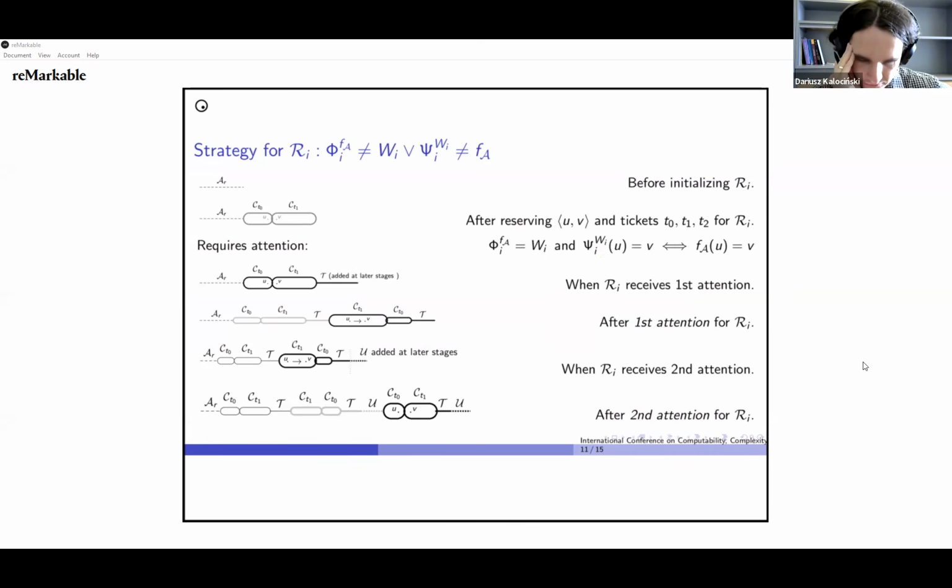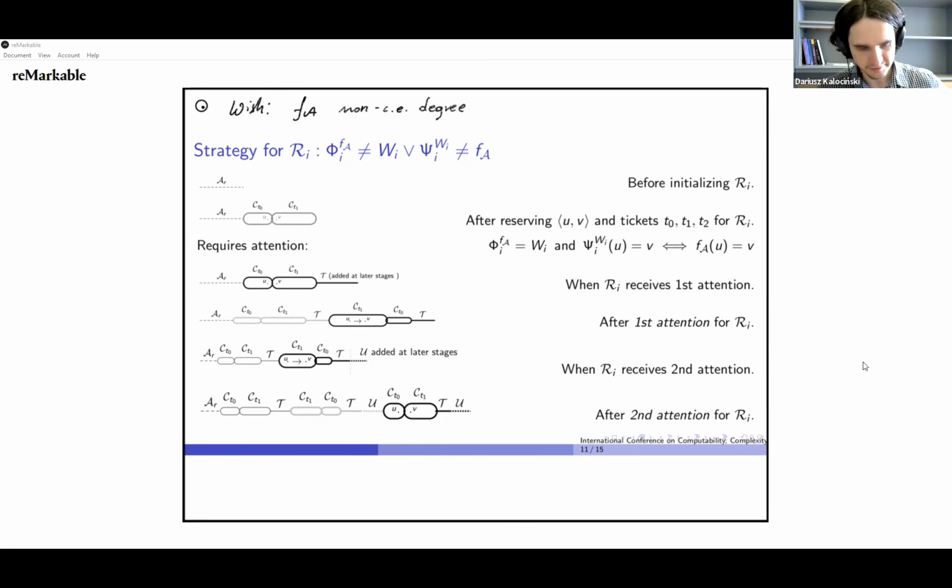So again, we want FA to be of non-CE degree, and we essentially use, adjusted maybe, Cooper's technique for constructing non-C degree, to be precise, properly DC degree.